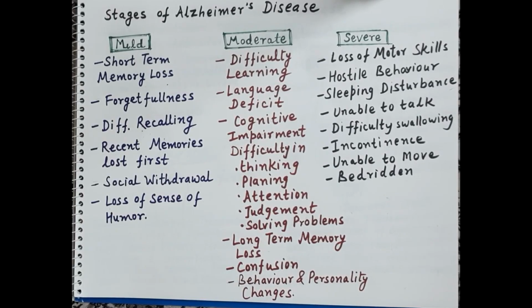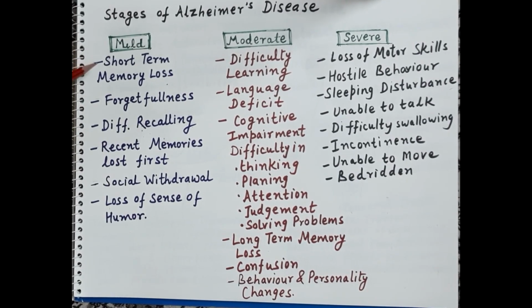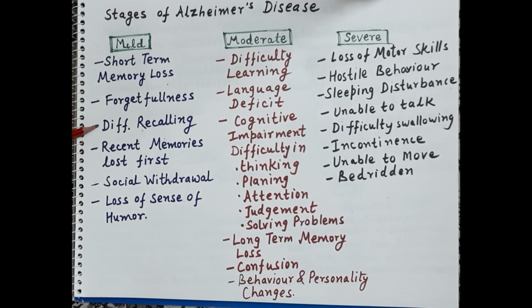Now this slide talks about the stages of Alzheimer's disease. There are three stages of Alzheimer's disease: mild, moderate and severe. Now the disease progresses from mild to severe over a period of about 5 to 10 years. Now mild Alzheimer's disease is characterized by short-term memory loss, forgetfulness, difficulty in recalling recent memories.